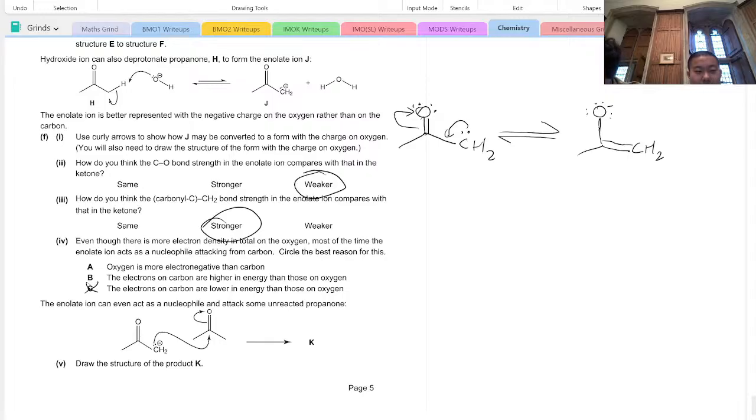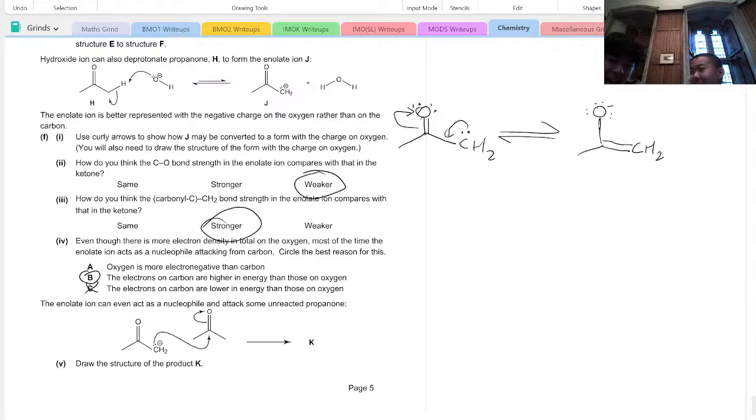But if they were, then it would attack from the oxygen instead of the carbon, because oxygen is more electronegative. So I think it's the electron energy one.